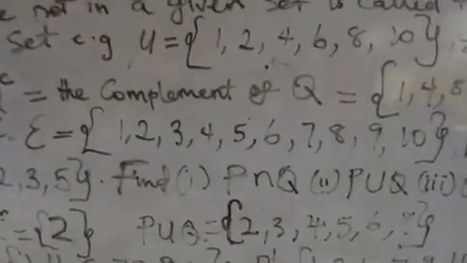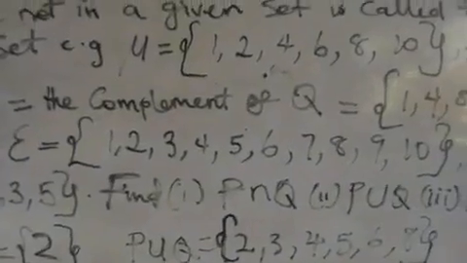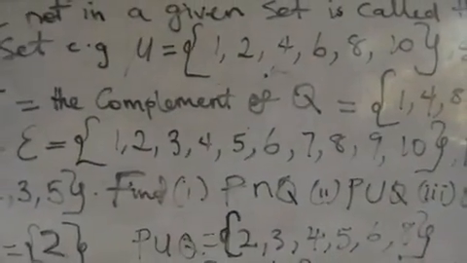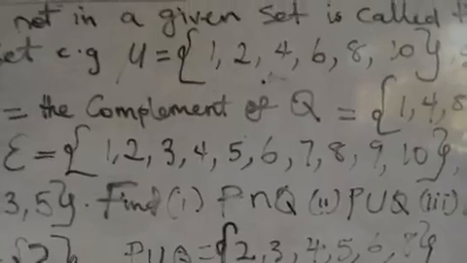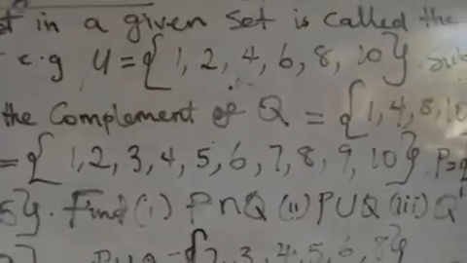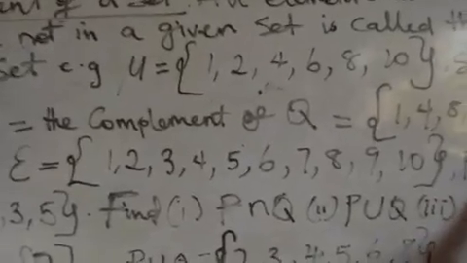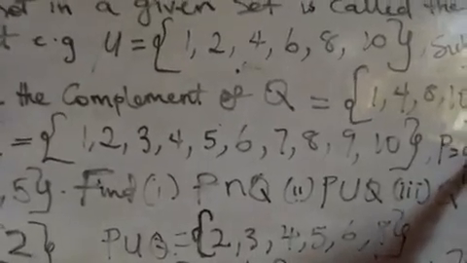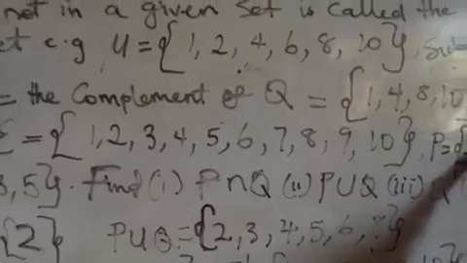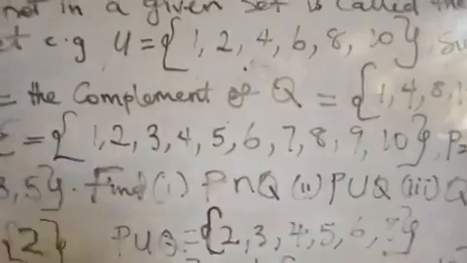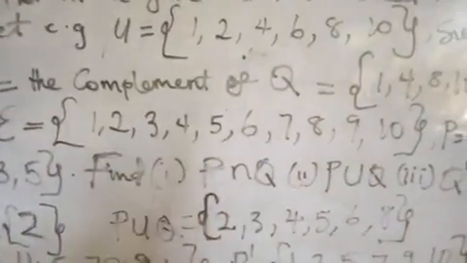P union Q. P union Q should give us the combination of the elements you can find in P and Q. So let's start from P: we can find 2, 4, 6, 8, and from Q we can find 2, 3, 5. When you see elements that are common to both, you don't write them twice, you only write them once.